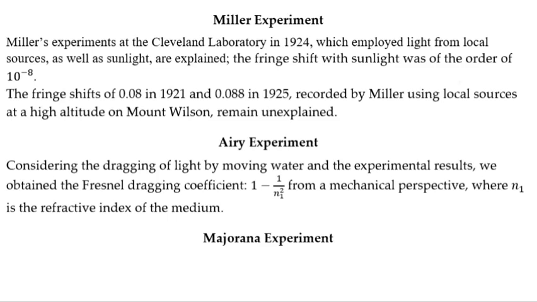Considering the dragging of light by moving water and the experimental results, we obtained the Fresnel dragging coefficient, 1 minus 1 over n1 squared, from a mechanical perspective, where n1 is the refractive index of the medium.